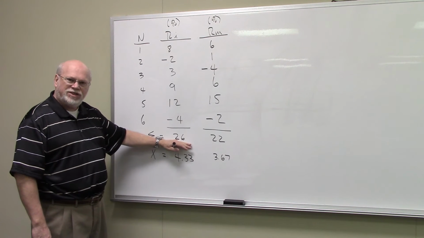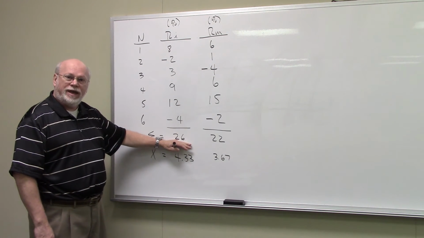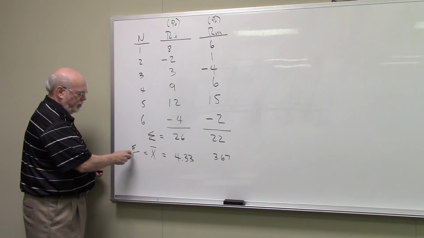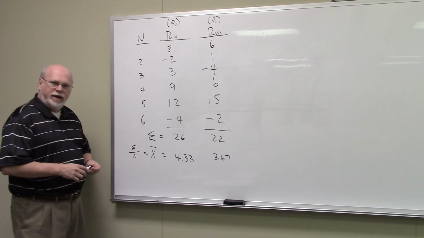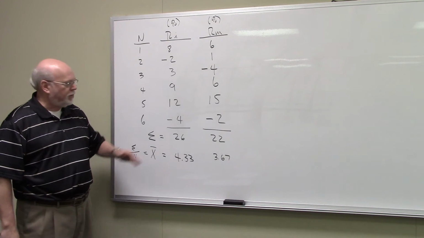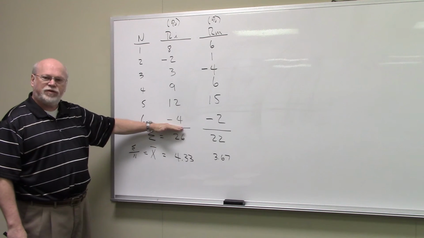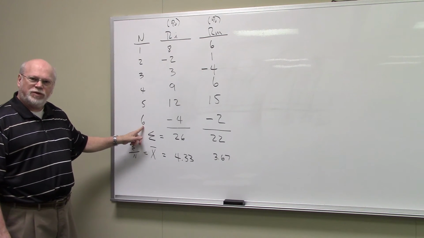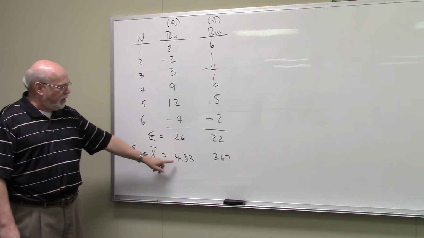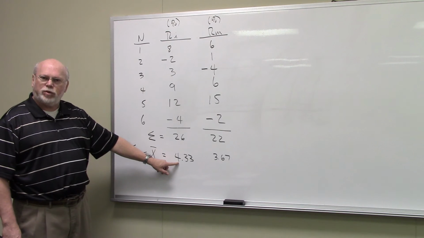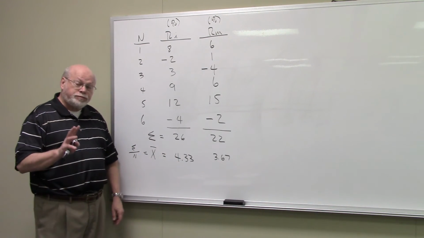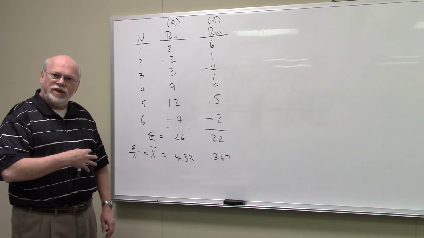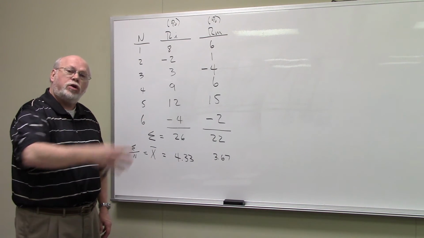The mean is going to be the sum divided by n, the number of observations. So if you summed all these observations, you get 26, and you divide by the number of observations, which is 6, you get 4.33%.